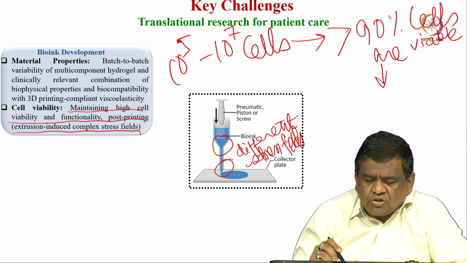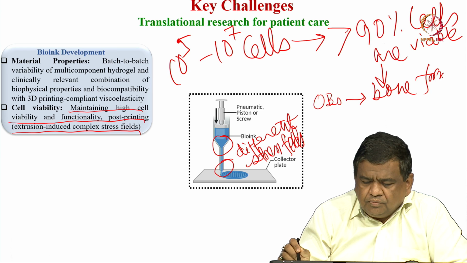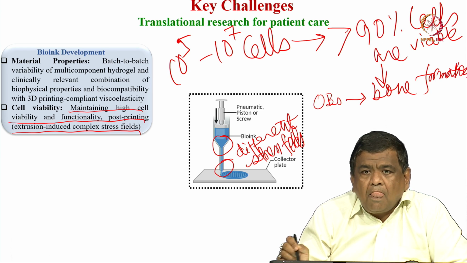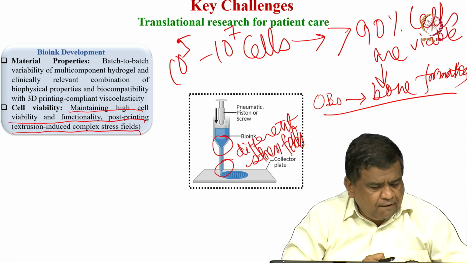For example, if it is an osteoblast, then it would lead to bone formation. So, this is also important.